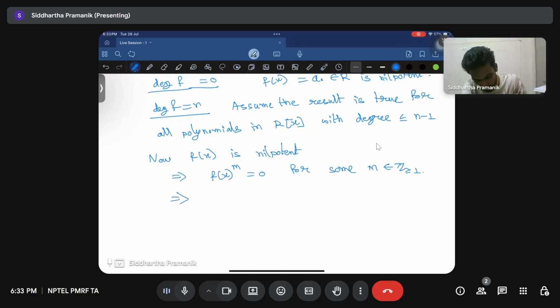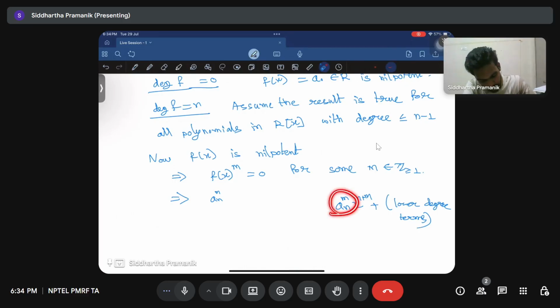You will get an power m x power nm plus all lower degree terms. So the leading term is just an power m. So an power m is 0. So an is nilpotent.